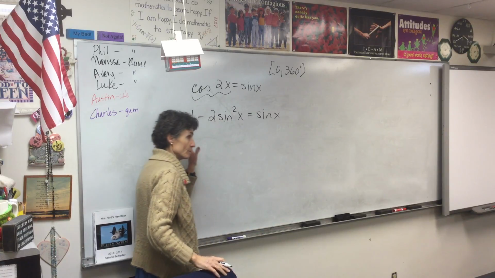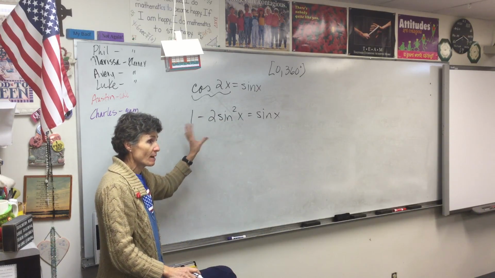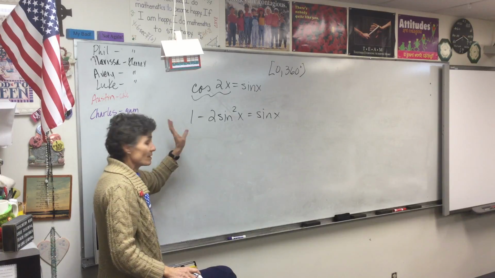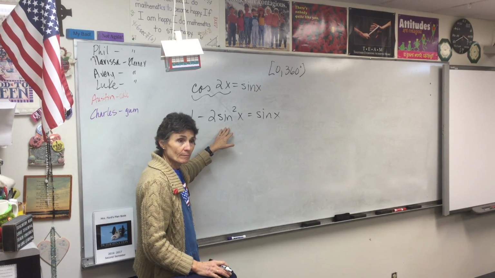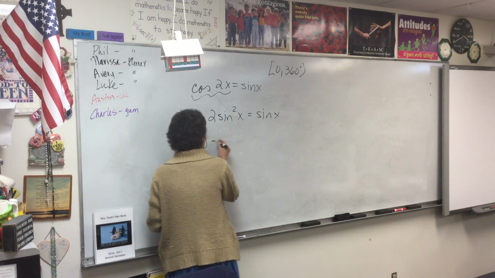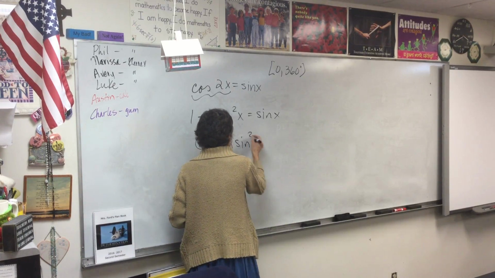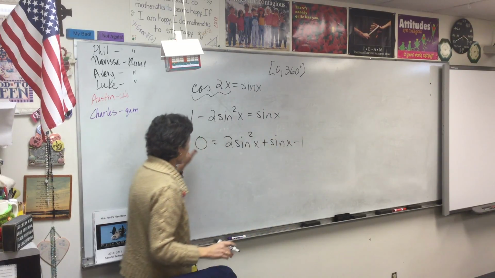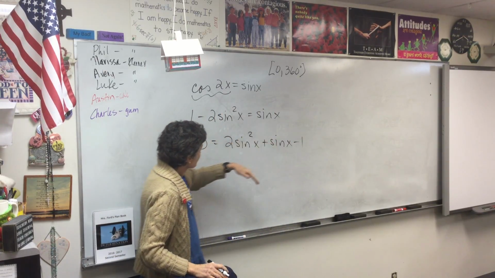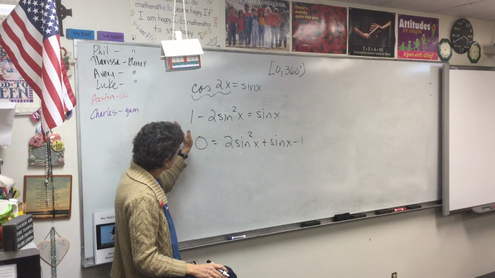Everybody with me from yesterday? We did this much. And then we noticed, oh, this is a quadratic equation. So let's get it set equal to 0. I chose to move everything over to that side, so this would be positive.